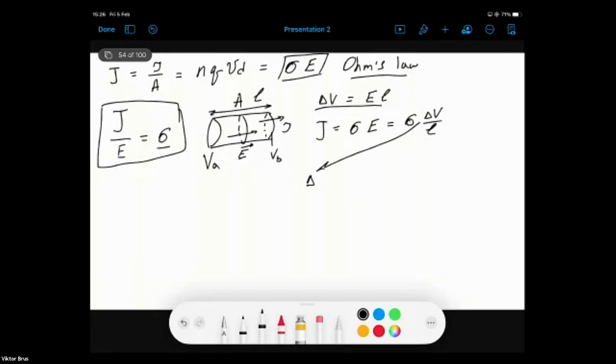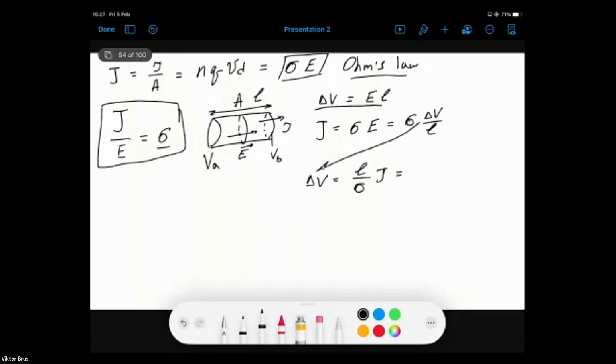So it will be delta V, the difference in potentials between edges. It will be L, length, divided by sigma times J, current density.